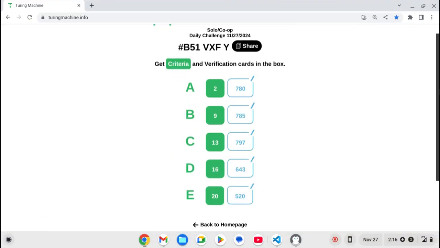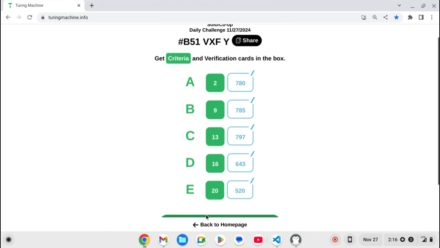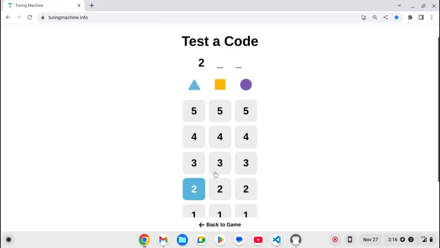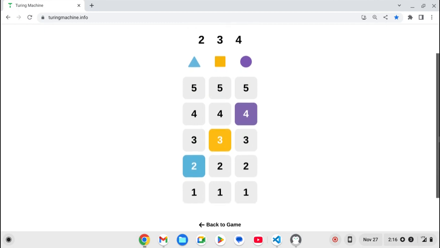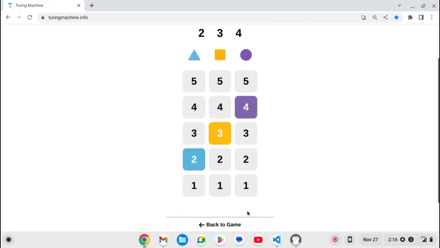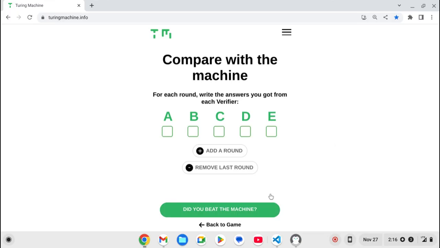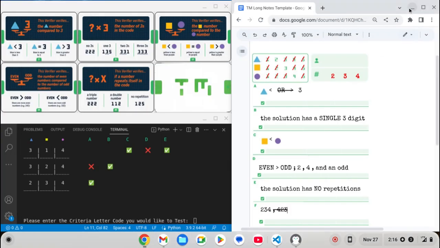So let's test 2, 3, 4. Okay, fantastic. Well, how did we do versus a Turing machine?